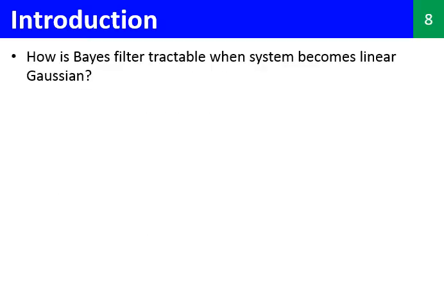So the question is, how does the Bayes filter become tractable when the system dynamics is linear Gaussian? The answer is pretty straightforward, because let's say we have a Bayes filter and we have the control input, and this is governed by a Gaussian distribution with the parameters mu and sigma.